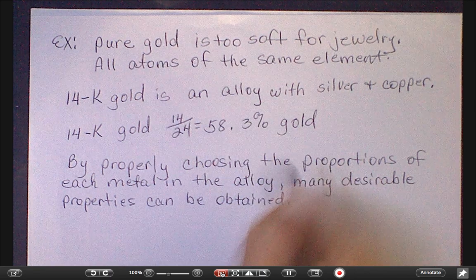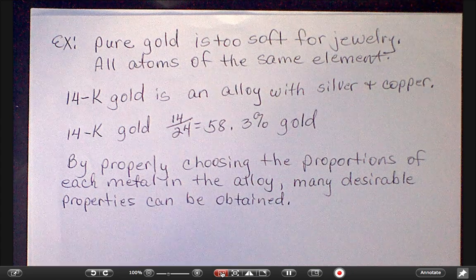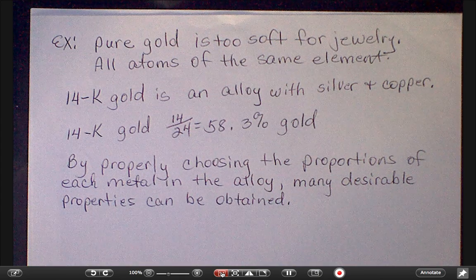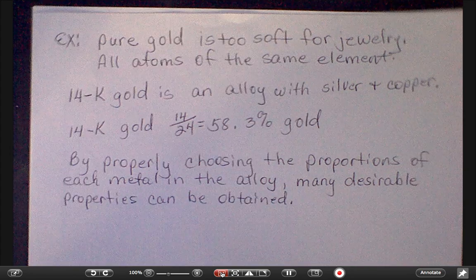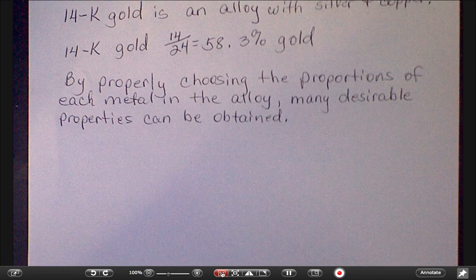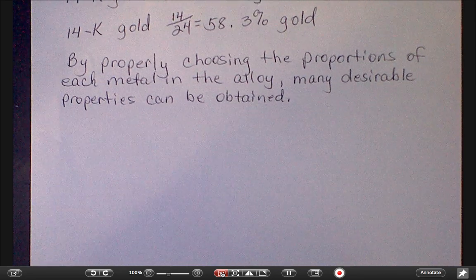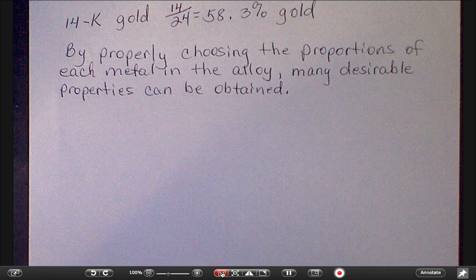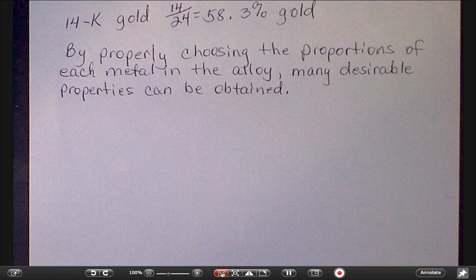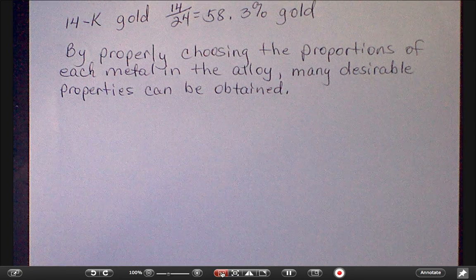And they do this for all kinds of alloys that they make, in order to attain certain properties that they want for any particular alloy that they're trying to use to better whatever it is they're making, strength, conductivity, anything that they need to better.